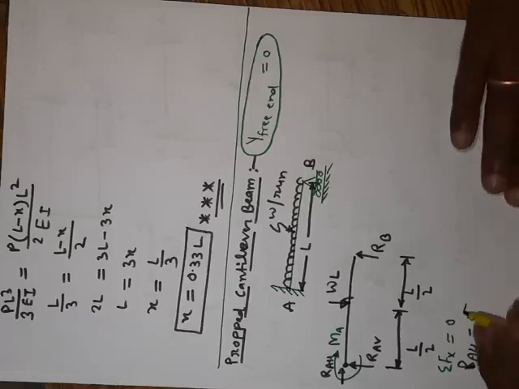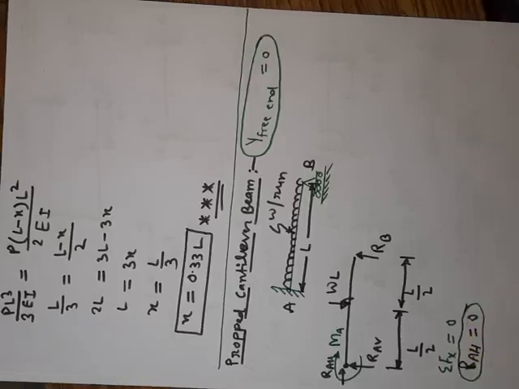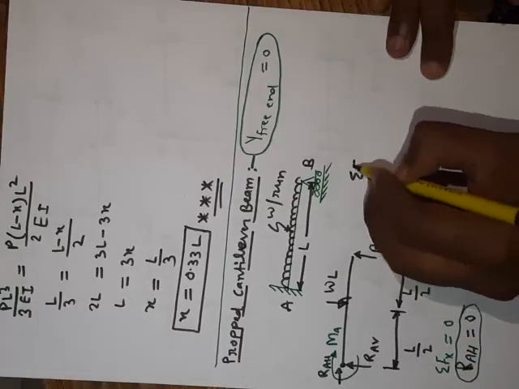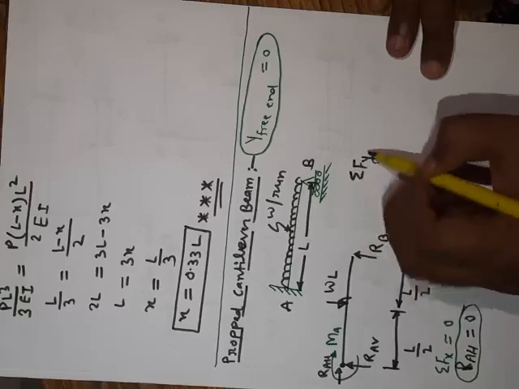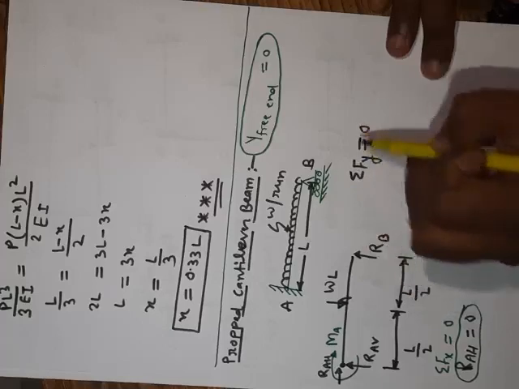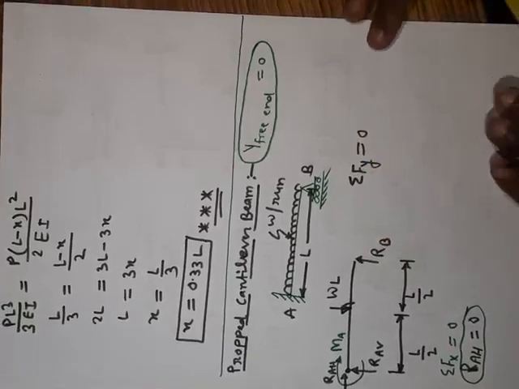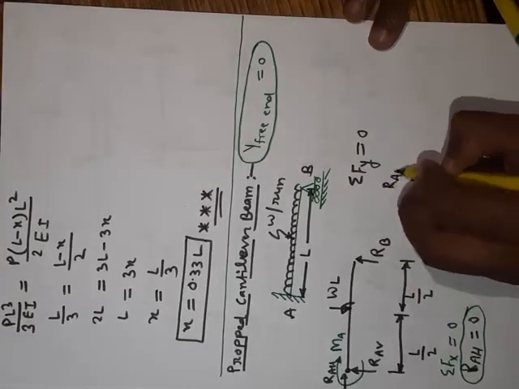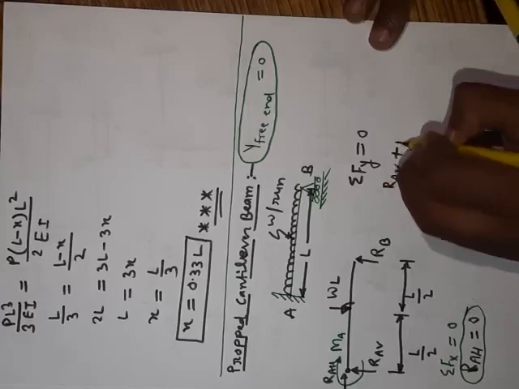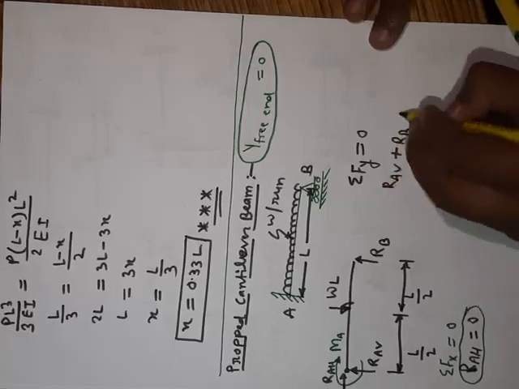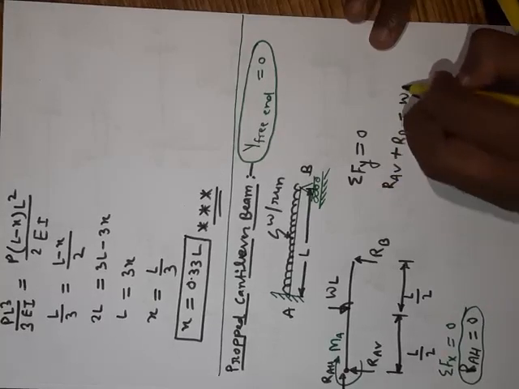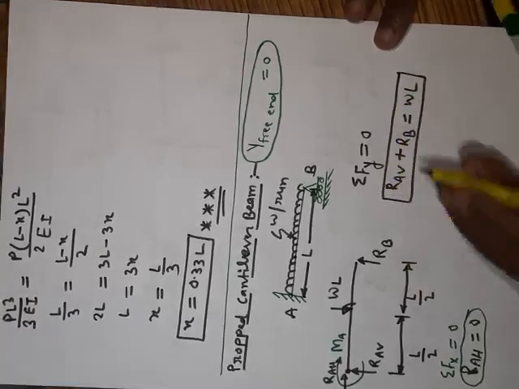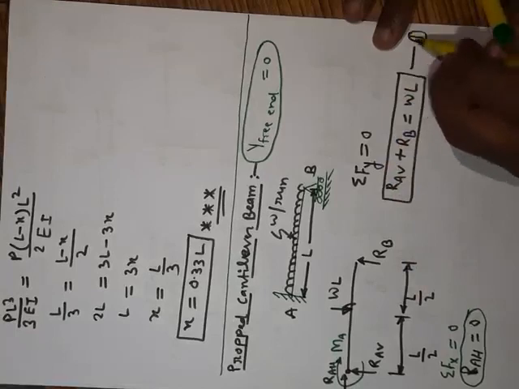That's why RH will equal 0. If I use the second static equilibrium equation, summation of all vertical forces equals 0, I will get RA plus RB equals W into L. I am assuming this is our equation number 1.